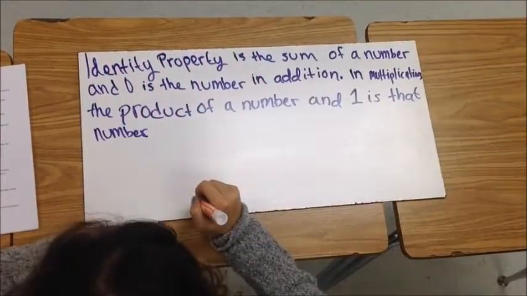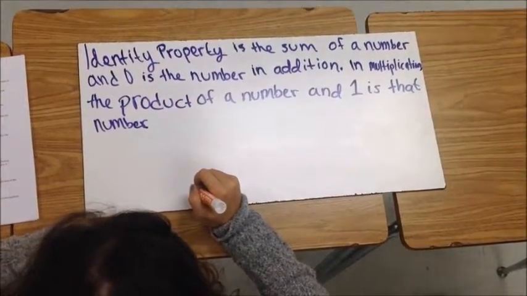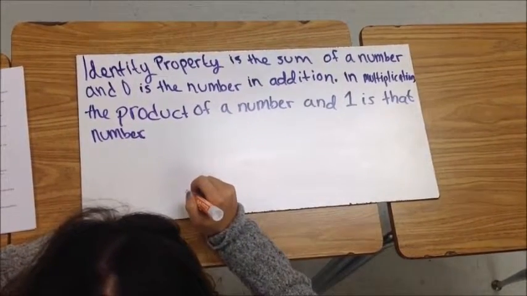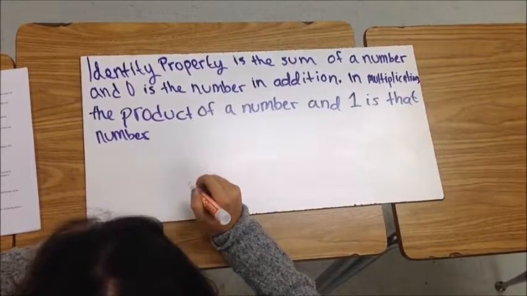The identity property is the sum of a number and zero is the number in addition. In multiplication, the product of a number and 1 is that number.